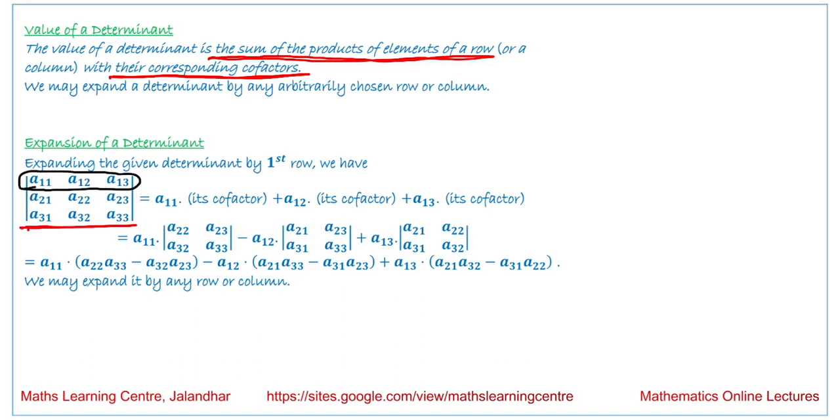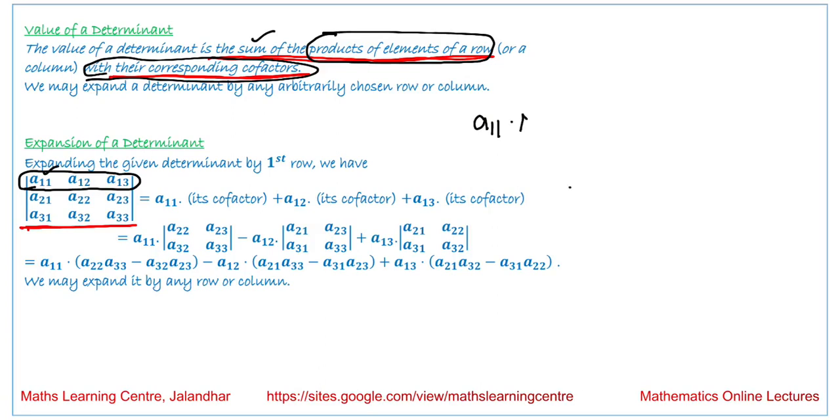So what the definition is saying is the sum of the product of elements of a row with the corresponding cofactor. The first element of the row is A11 and the cofactor corresponding to it is C11.